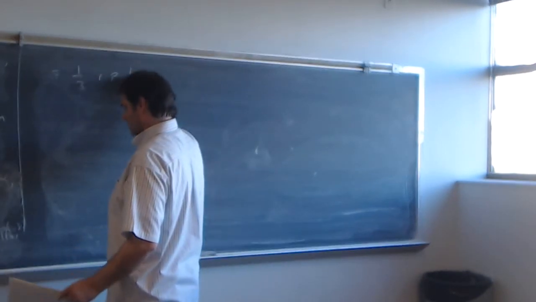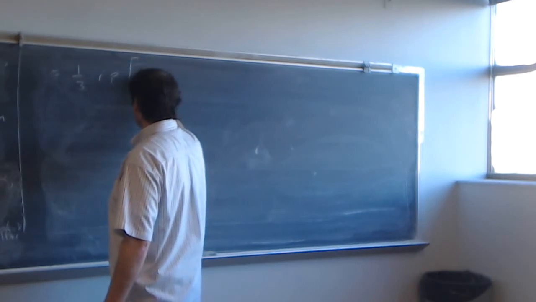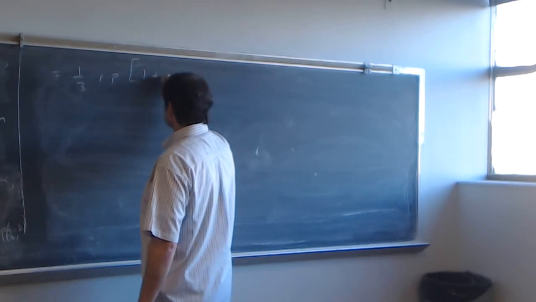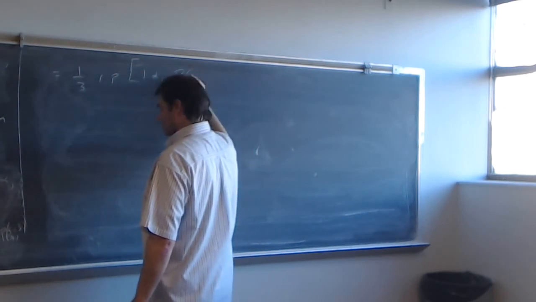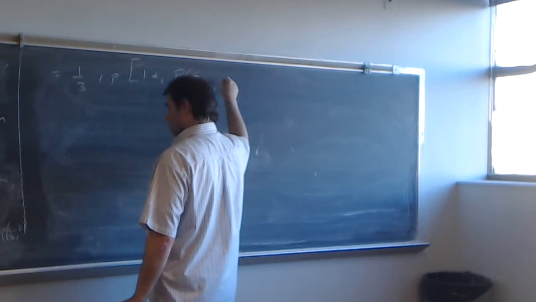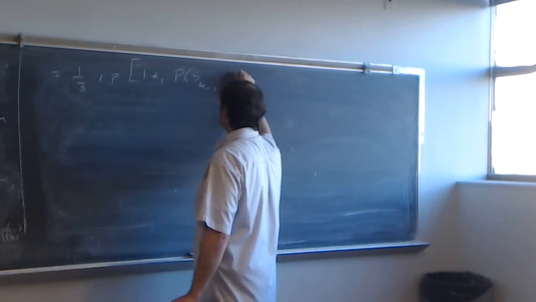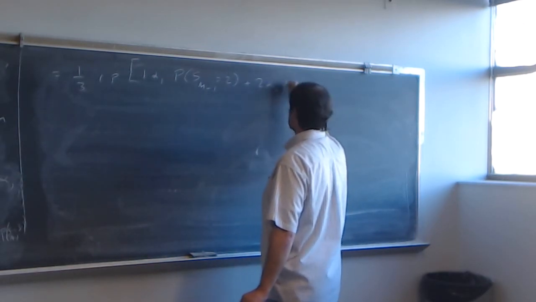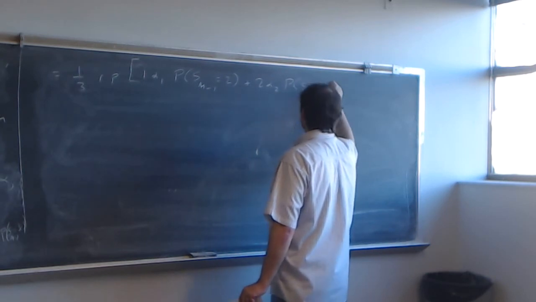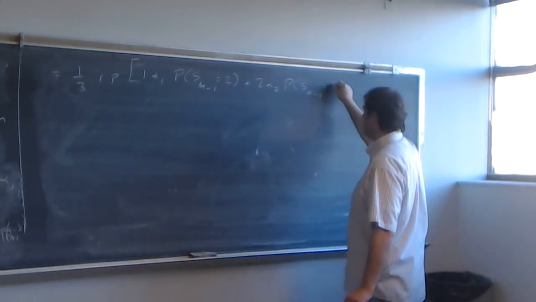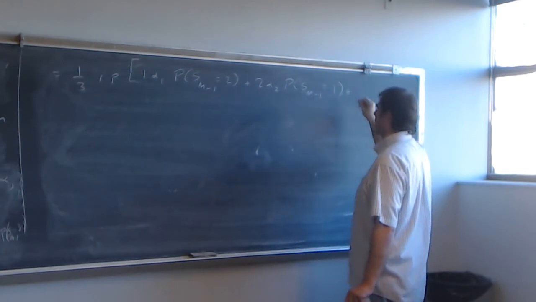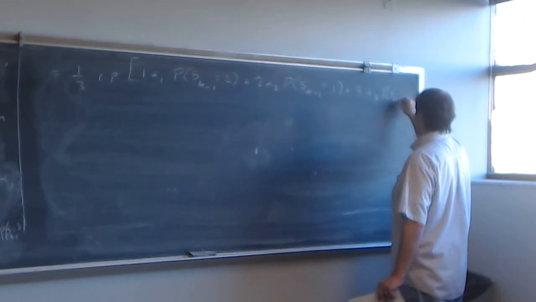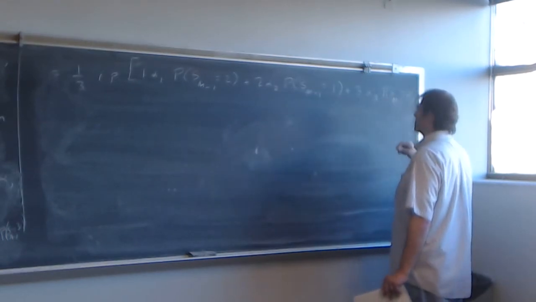So rp times 1 times alpha sub 1 times the probability that S of n minus 1 is equal to 2, plus 2 times alpha sub 2 times the probability that S of n minus 1 is equal to 1, plus 3 times alpha sub 3 times the probability that S of n minus 1 is equal to 0. Okay, that's what it is.